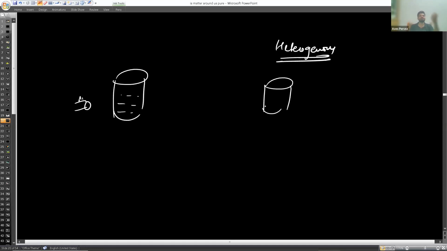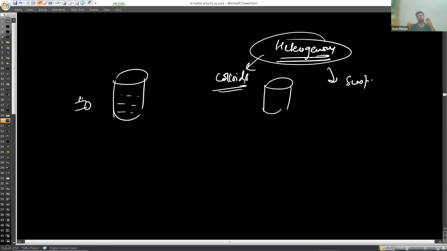They show the Tyndall effect. Heterogeneous mixtures are of two types: one is colloids, another one is suspensions. True solutions and colloids have almost the same properties.